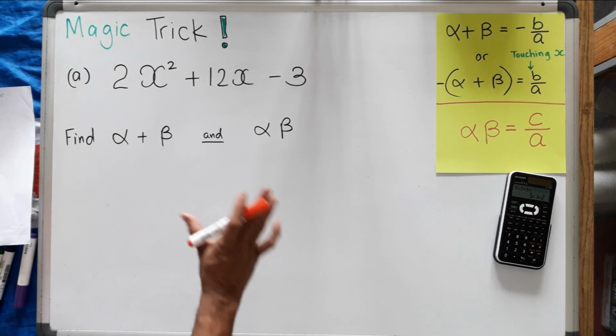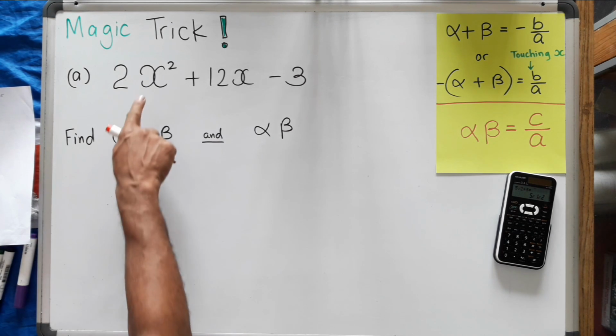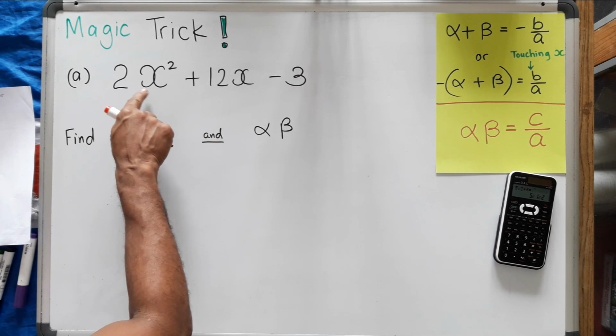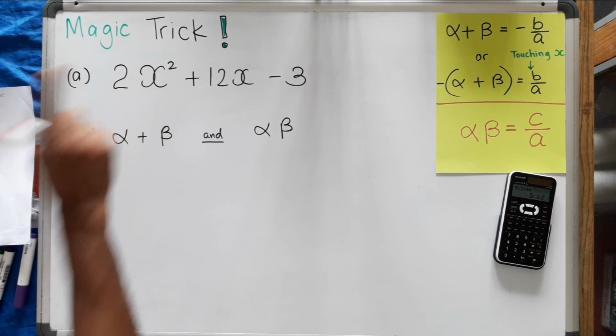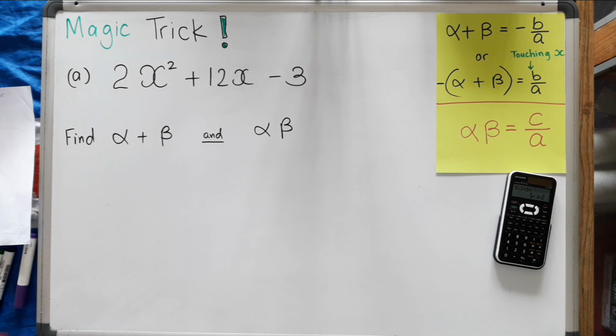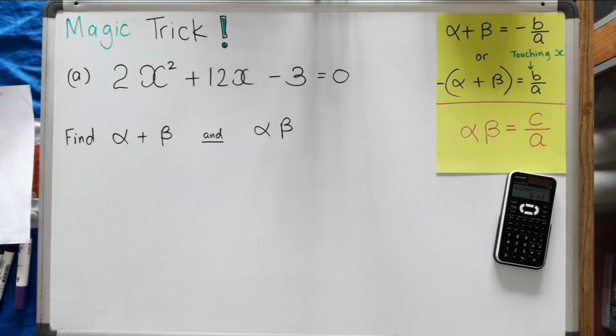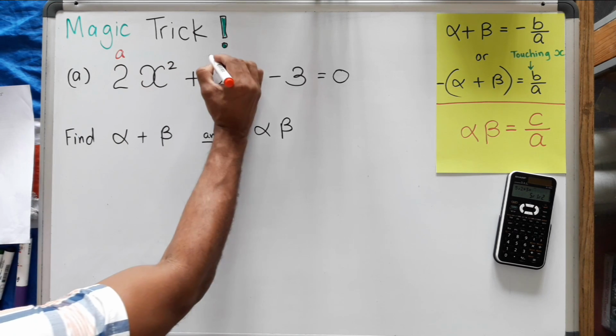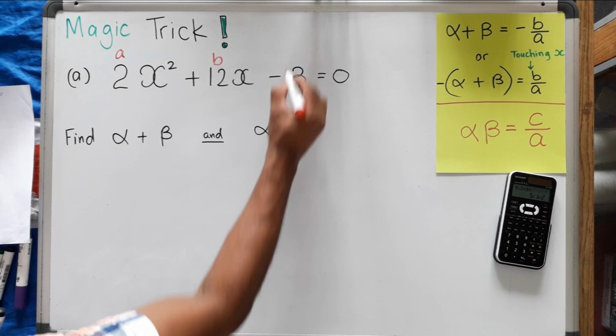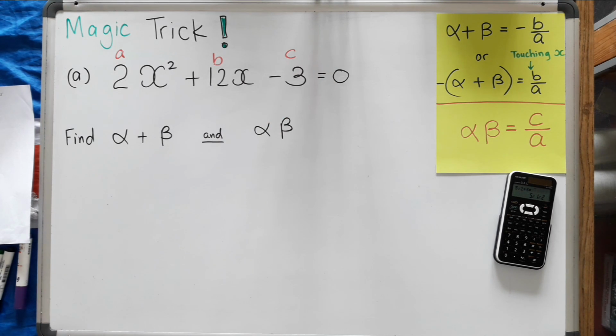When you're doing these types of questions, you have to make sure the number touching x squared, which is a, must be 1. So this whole expression is really supposed to be equal to 0. I forgot to write the 0, to be honest. So here's what we're going to do. We know a is 2, b is 12, and c is minus 3.